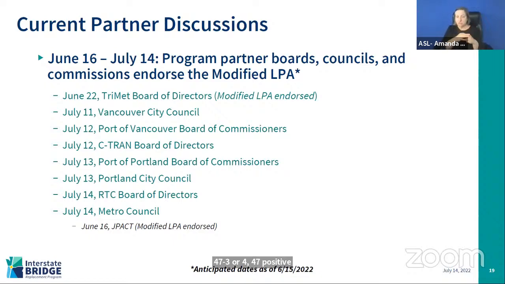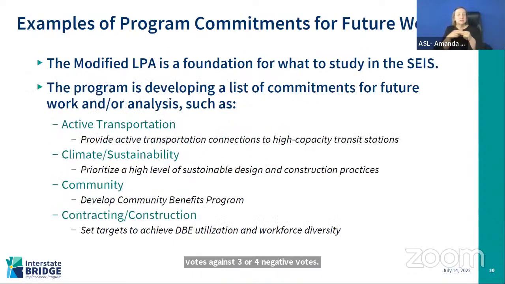So let's go to the next slide, please. So once again, we've been telling folks that this is just a foundation of what to study in the supplemental environmental impact statement.